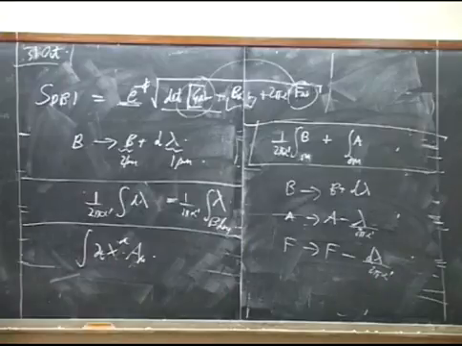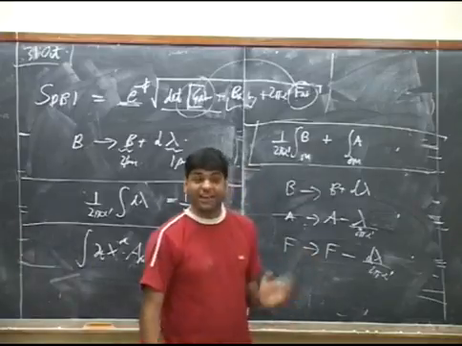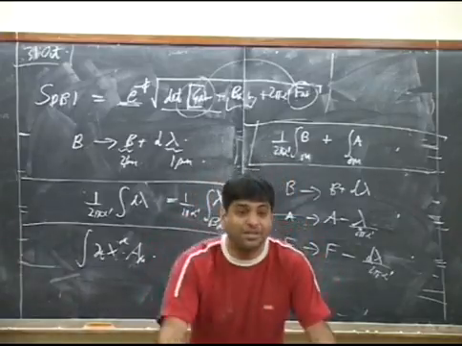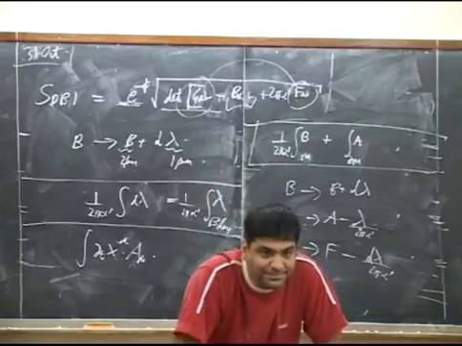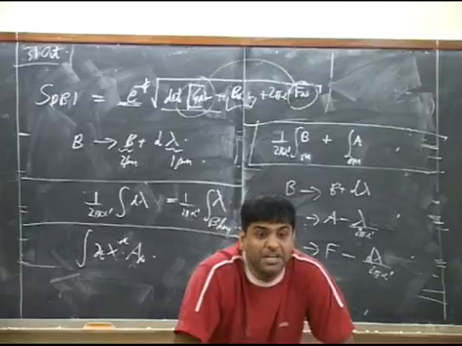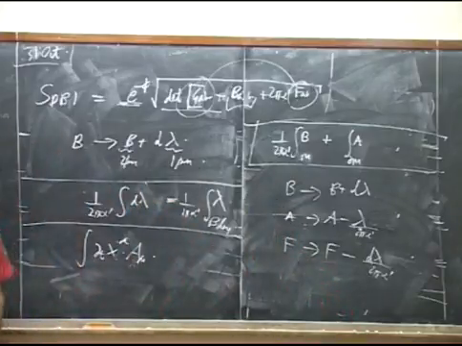Therefore, F by itself is gauge invariant under the U(1) gauge transformations of the gauge field. That's obvious. It's the usual story. But it's not gauge invariant under this gauge transformation.